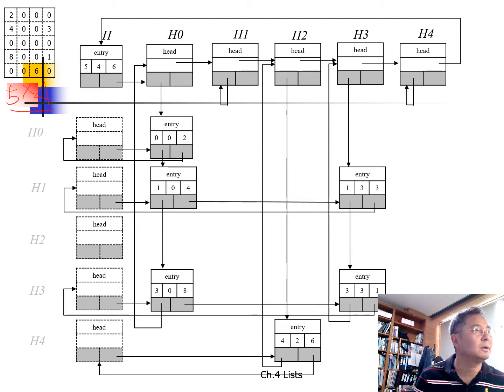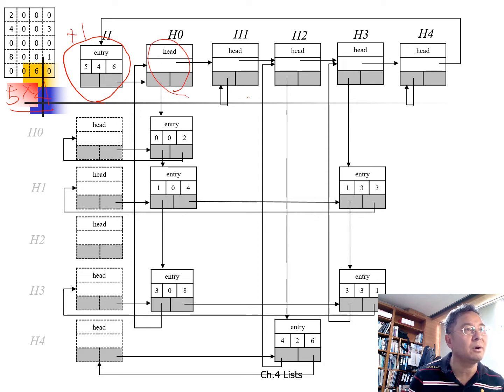So we can represent three types of node. This is the header node of the header nodes. And all of these, H0, H1, H2, H3, H4, are header nodes.